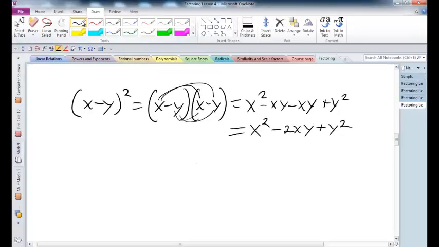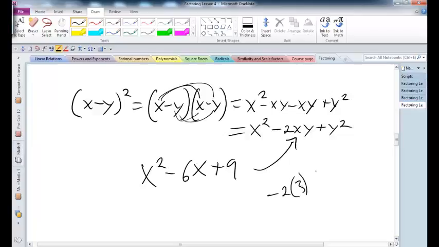Again, if we're faced with a quadratic trinomial with perfect squares at both ends like this, x squared minus 6x plus 9, we can look for this pattern. In this case, the center term will be negative 2 times 3 times x. Since it is, we can factor x squared minus 6x plus 9 into (x - 3) squared.